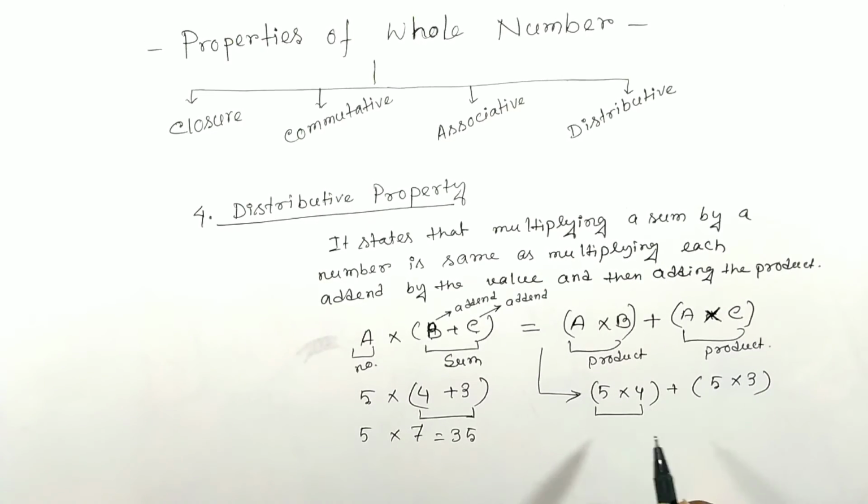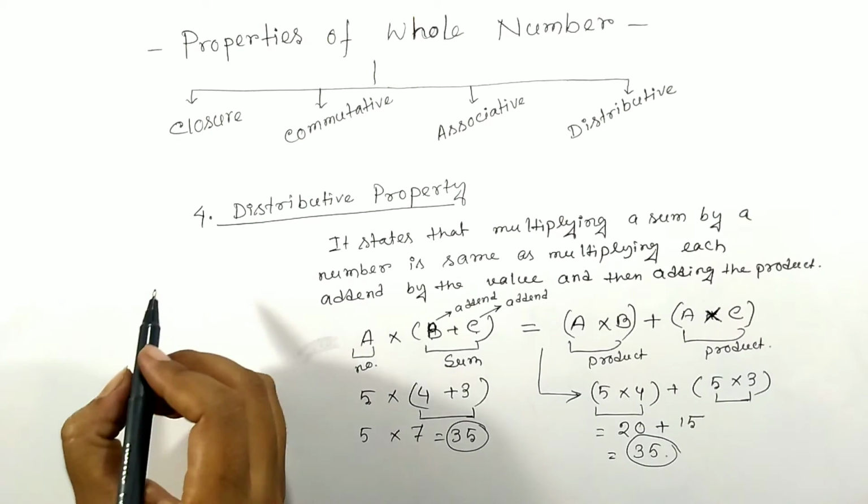So 5 into 4 is 20. 5 into 3 is 15. So 20 plus 15 is 35. Both are the same.